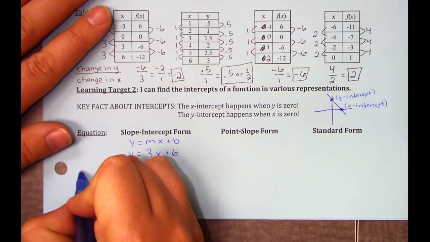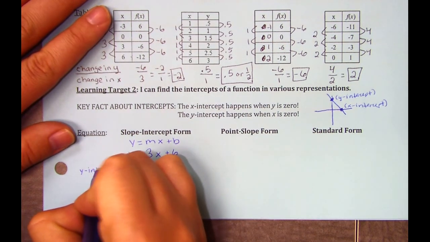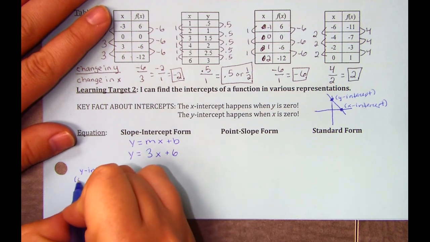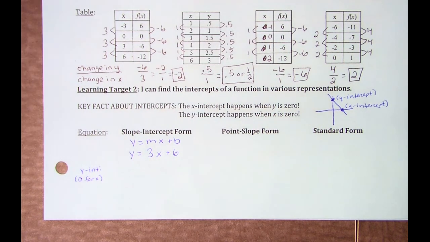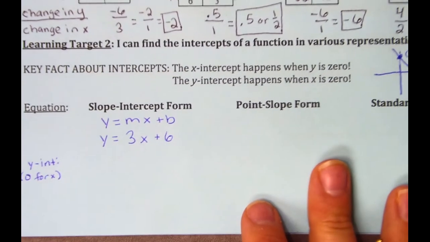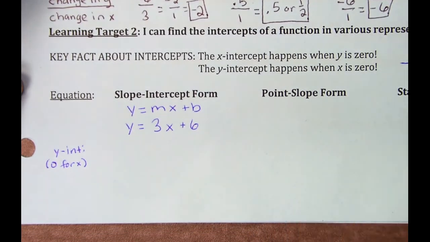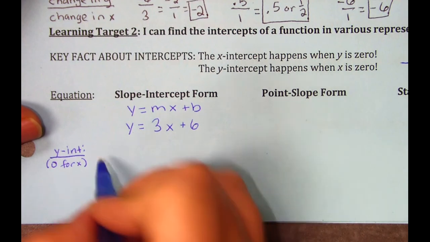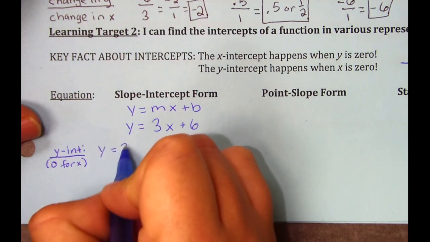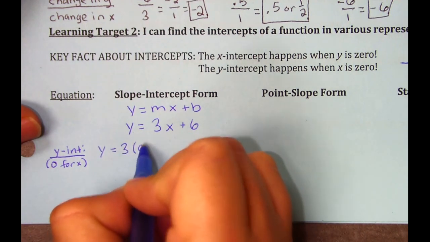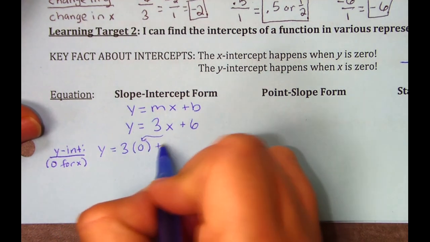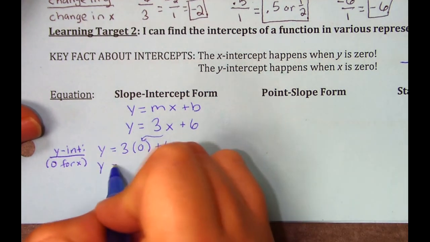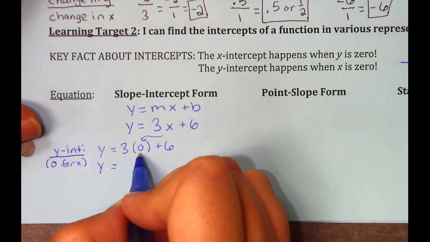If I want to find the y-intercept, that means I put 0 in for x. I'm going to zoom in a little bit there. So here's what that would look like. y equals 3 times 0 instead of x, plus 6. So when I simplify that, 3 times 0 is just 0.